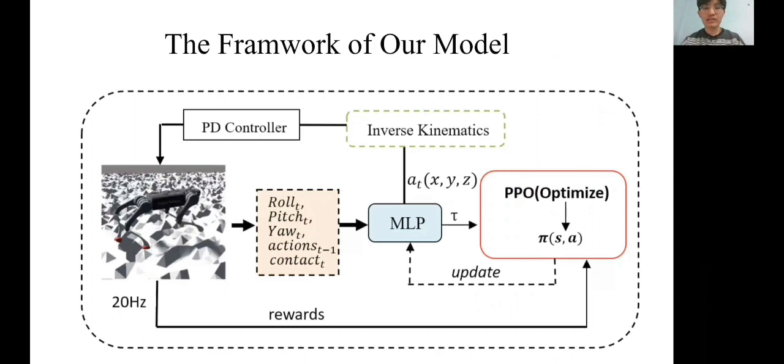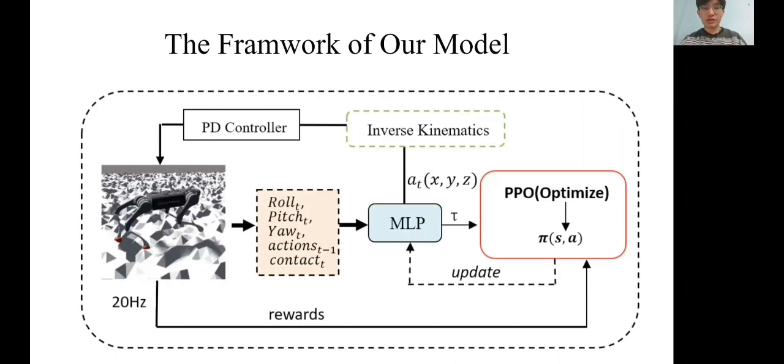Inverse kinematics then converts the feet positions output by the MLP into the joint positions, expressed in radians. The PD controller converts the joint positions into torques, and then the environment returns the rewards. And PPO finally updates the policy once in a while.